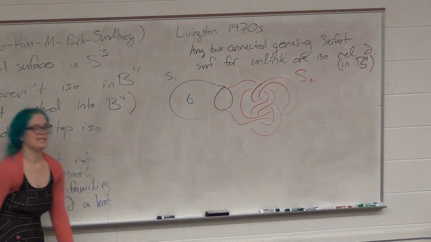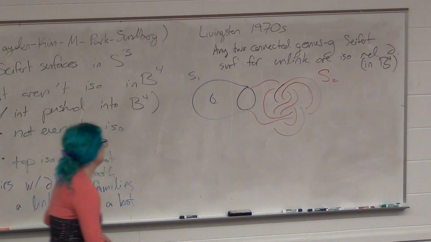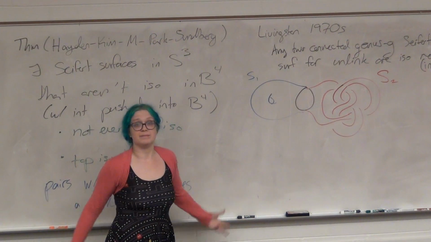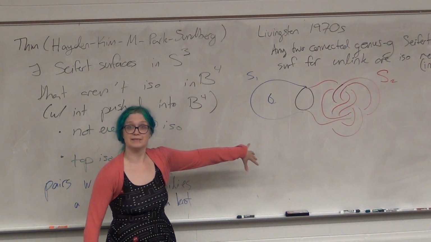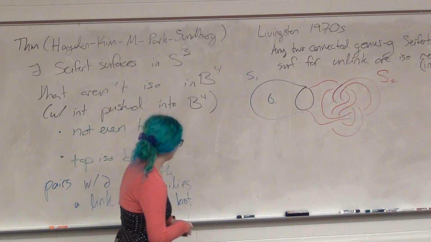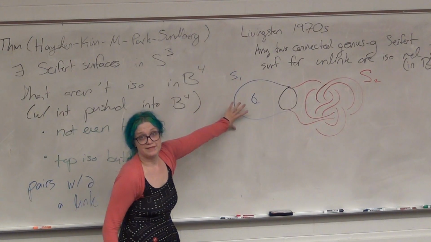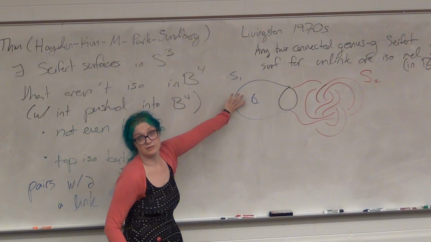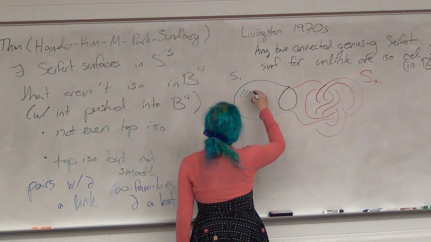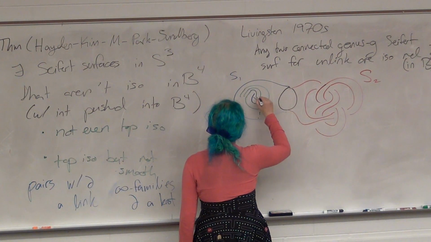And they are definitely not isotopic in S3. I know they're not isotopic because the traditional thing to do would be to compute the fundamental group of their complements. They are not isomorphic to each other. Something else that I might say in this case is that any curve that fits on this blue surface is a torus knot. So anything that I could draw here is just some torus knot.